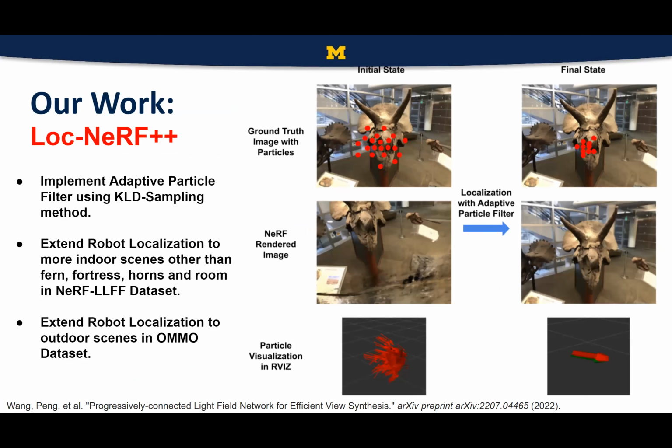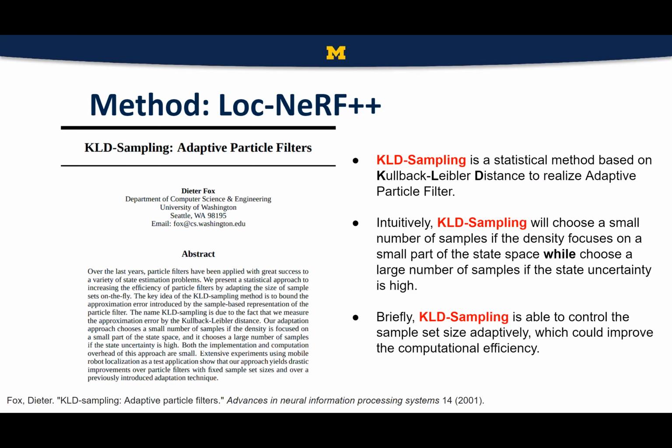In the beginning of localization, we have a large number of particles and a poor initial pose estimation, resulting in a bad rendered image. However, as the localization goes on, the particle number decreases because of the more precise pose estimation, resulting in a better rendered image.